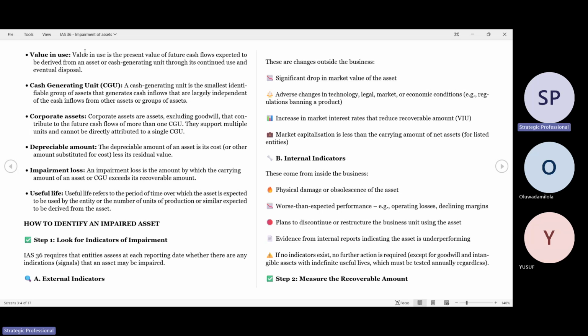So, from the perspective of this value in use, what it basically means is: one, any cash the company expects to get in future from using that asset, the inflow. Two, how much will it cost them to use that asset in future? Then three, if they eventually dispose of it too. So that's what value in use is.